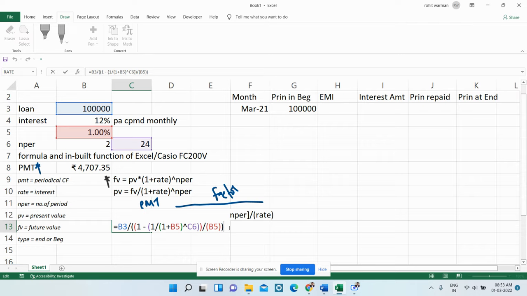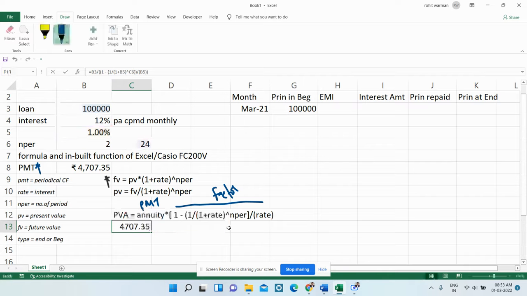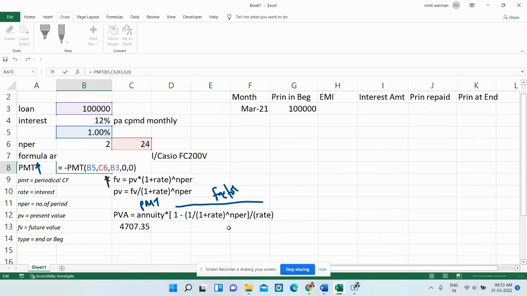The reason is they followed the same approach: everything they did using the mathematical formula. Once they were comfortable with it, they started using the inbuilt function. So if non-finance people with, let's say, hospitality experience of 15 or 18 years are able to complete these programs, then anyone can do this, I know.